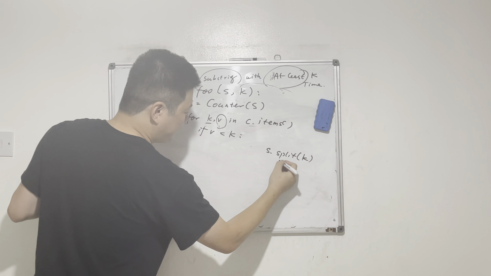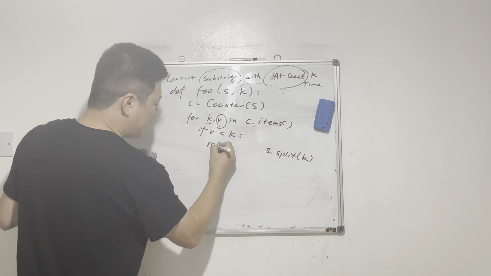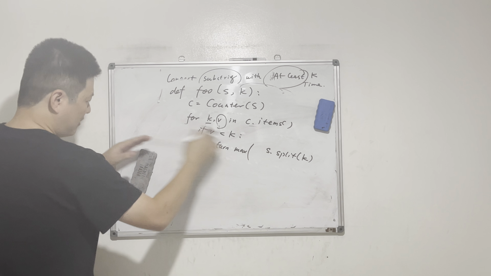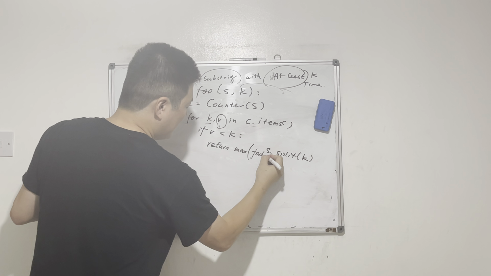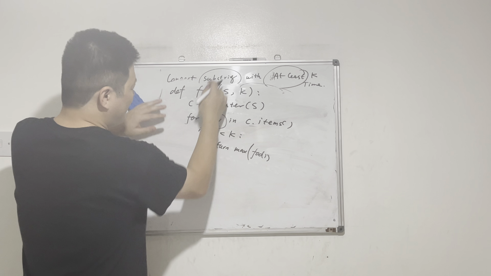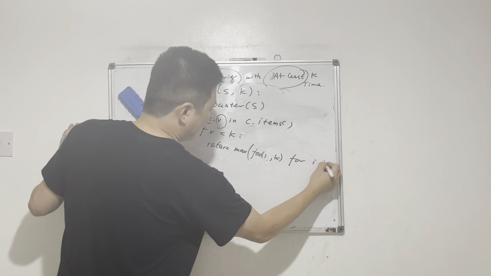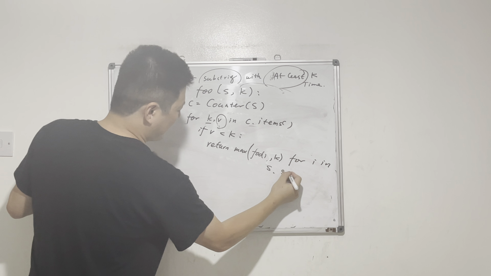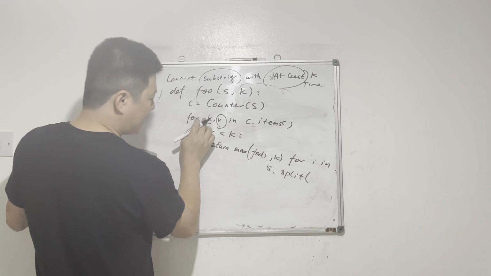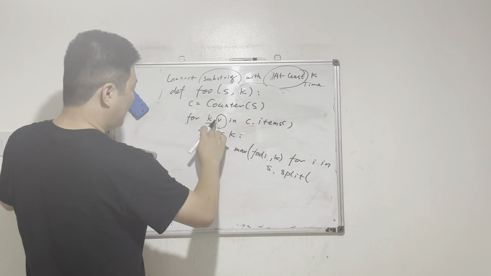Split by the character, so we want to return the maximum of the function called on each part, for i in S.split. Oh, we use another K, so let's not use the K here.